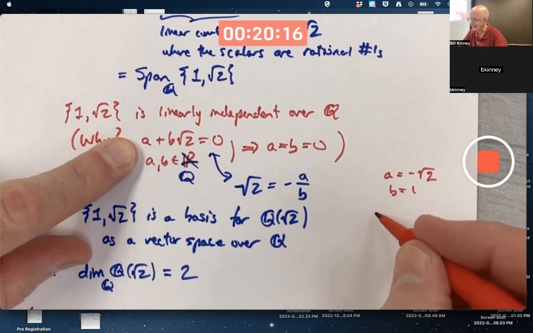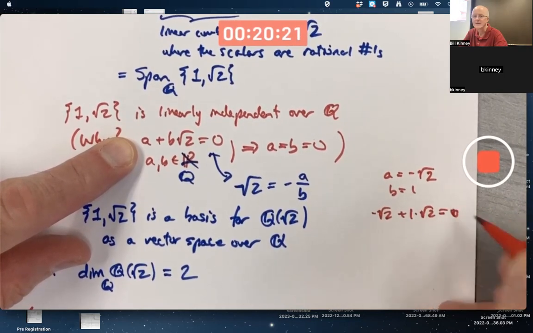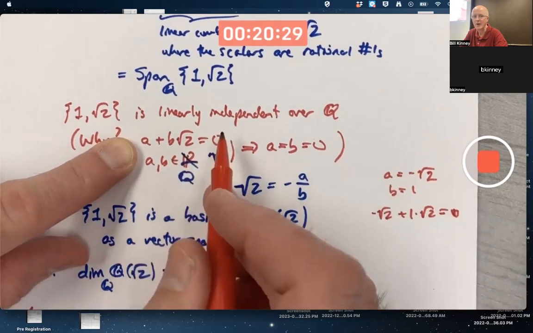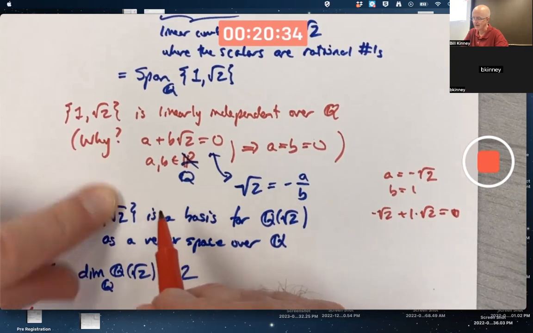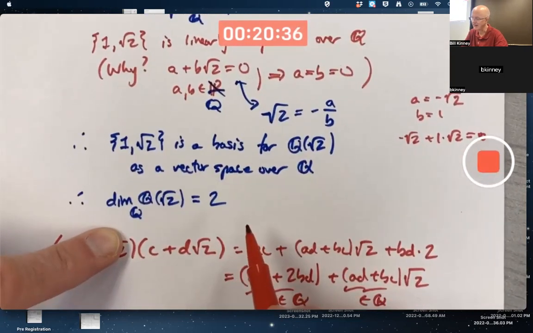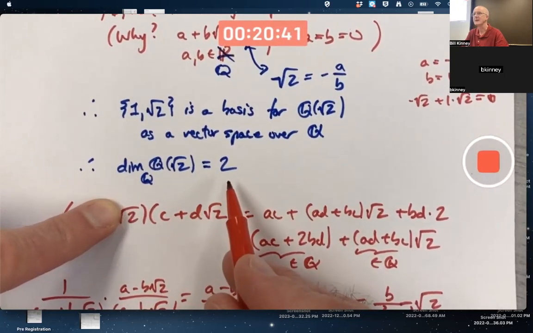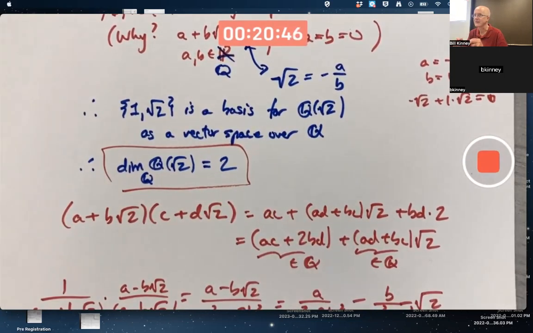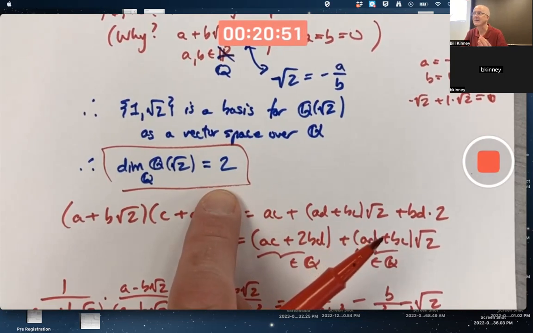Then the linear combination, negative square root of 2 plus 1 times square root of 2, does equal 0. But that's not a rational number. So it's not linearly independent over the reals, but it is linearly independent over the rationals. So it's a basis. It's both spanning and linearly independent as a vector space over the rationals. Therefore, it's got dimension 2. This dimension thing is important for the theory. It's not just a curiosity here. Okay, it is important.